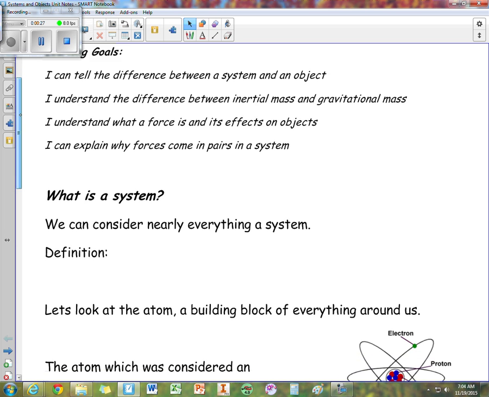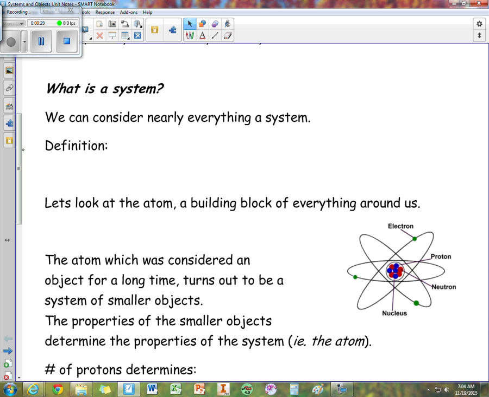So, we need to start by talking about systems. And really everything can be considered a system. It is a collection of objects, and then the objects themselves have no internal structure.